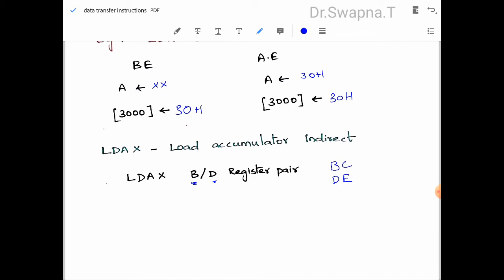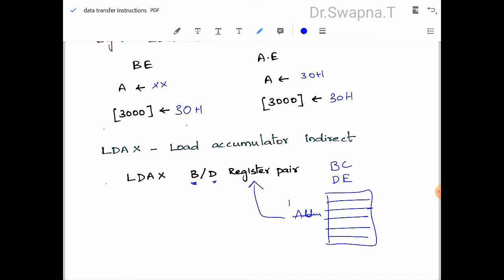The content of the designated register pair points to a memory location. Usually the data will be in the memory, and the address of the memory location will be given in the register pair. Because the address is a 16-bit address, we need two registers. One register is not sufficient.